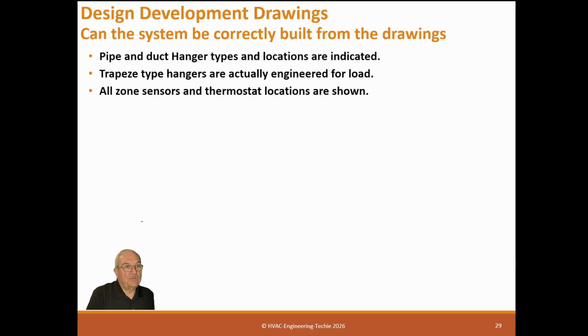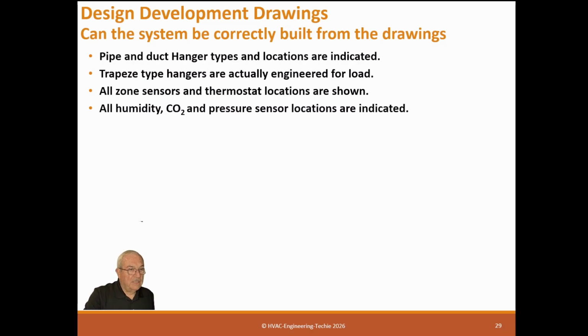All zone sensors and thermostat locations are shown. Don't let somebody else guess where you're going to put these thermostats. All humidity, CO2, and pressure sensor locations are indicated. Especially pressure sensors. I know the spec said to put it 2/3 down the duct or pipe. There's a reason why we do that, and we're trying to catch any load variances.